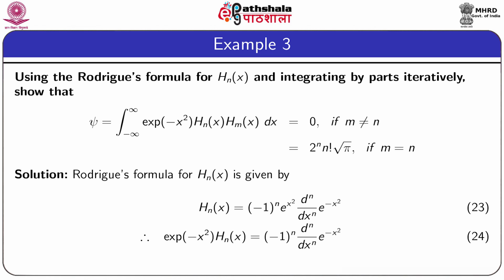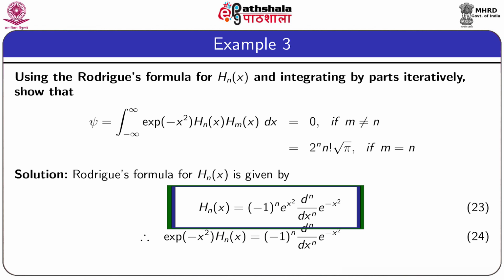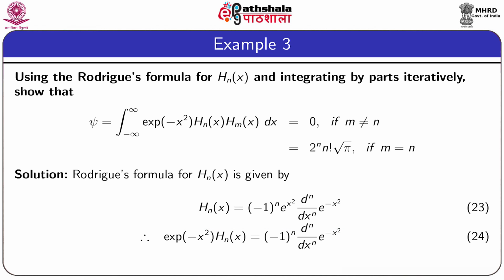So, Rodrigues' formula for the Hermite polynomial is given by H_n(x) is equal to minus 1 whole to the power n e to the power x square times the nth derivative of e to the power minus x square, which can be written as e to the power minus x square H_n(x) is equal to minus 1 whole to the power n into the nth derivative of e to the power minus x square, given by equation 24.